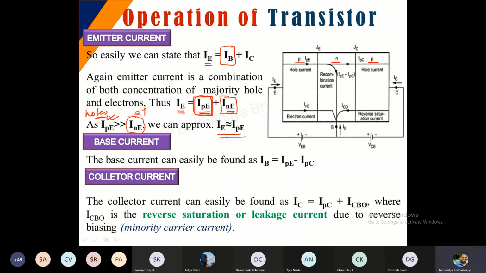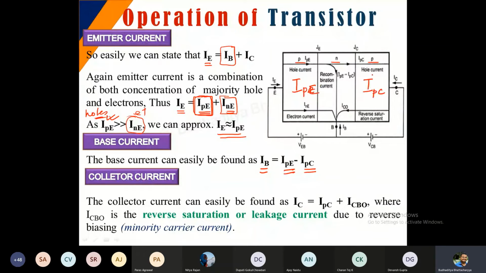If you observe the base current, as I already told you, IB is nothing but the total emitter current IPE, that is the majority current, minus IPC. IPE minus IPC, so the whole emitter current minus the collector current. Basically, this is my IE, IPE, and this is IPC.